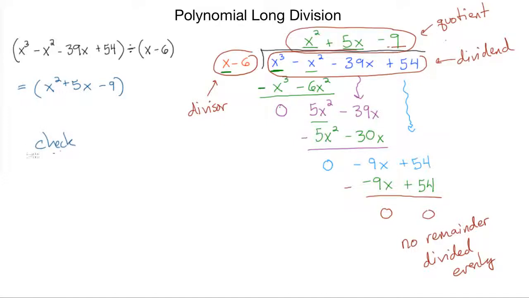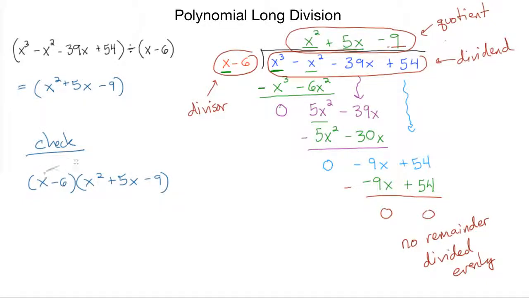So let's do that over here. Does x minus 6, if I multiply it by x squared plus 5x minus 9, get us back to the dividend that we started with, that 4-term polynomial? So let's check it out.